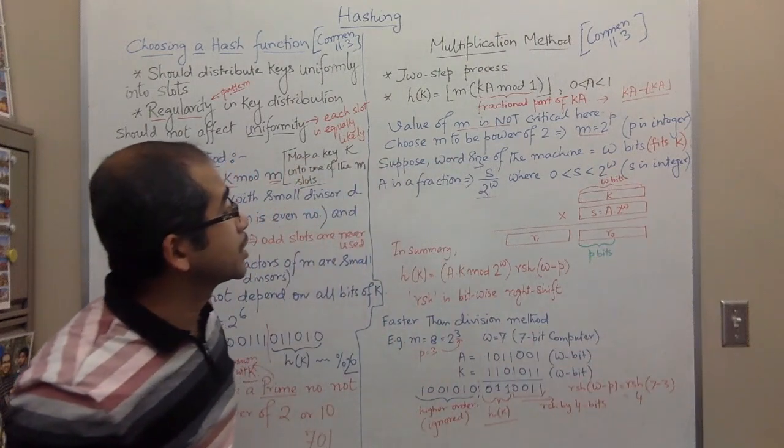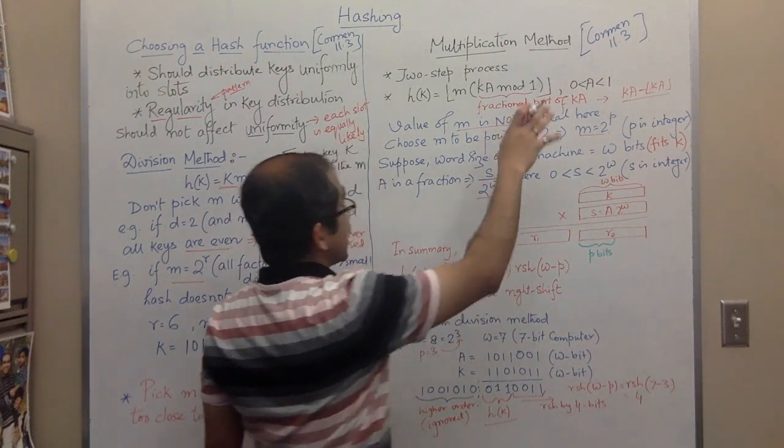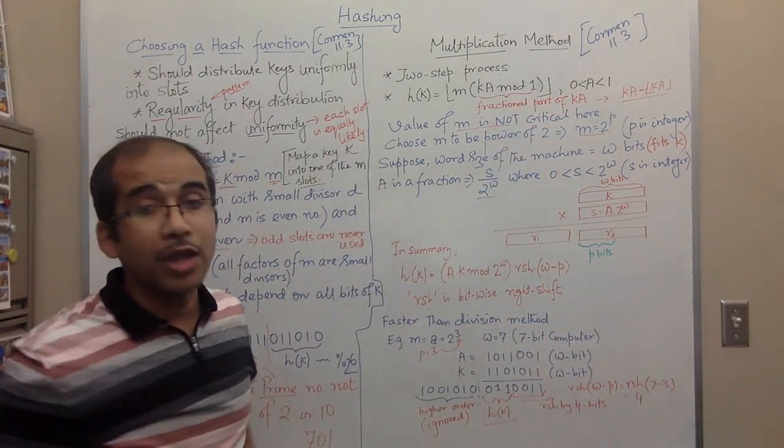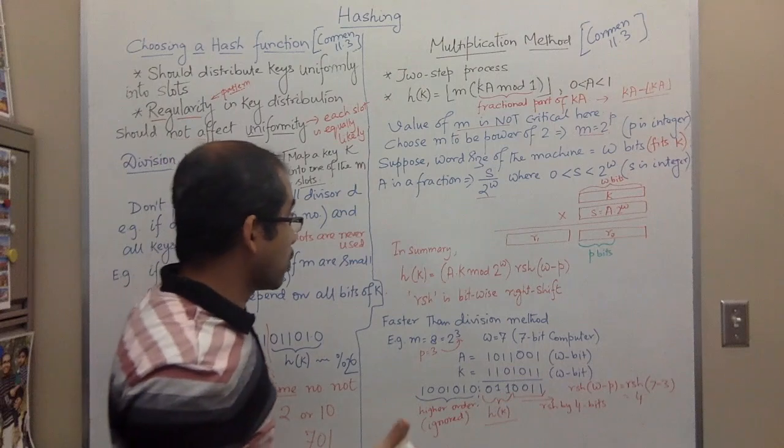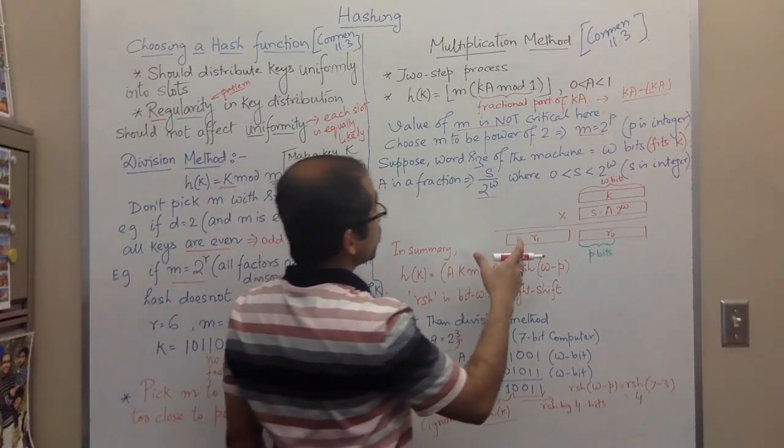That reformatting makes a an integer within the range 2 to the power w minus 1 to 2 to the power w. So now you see what we are actually doing.